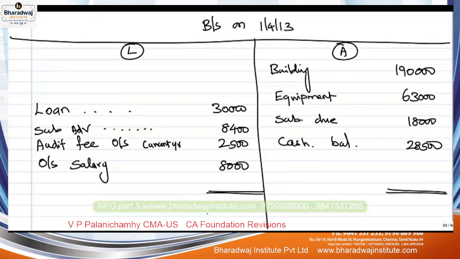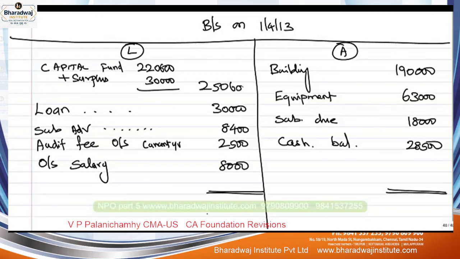Outstanding salary? 8,000. Capital fund? 2,20,600. Add surplus. Total of the balance sheet? 2,99,000.